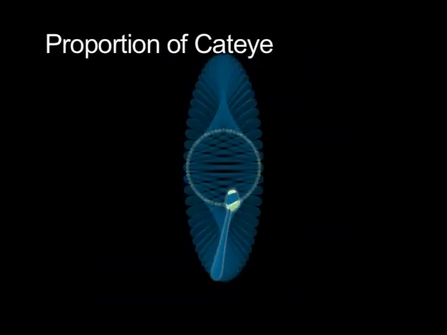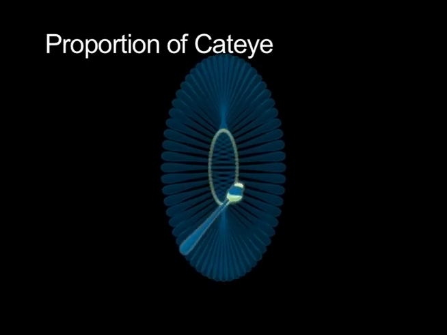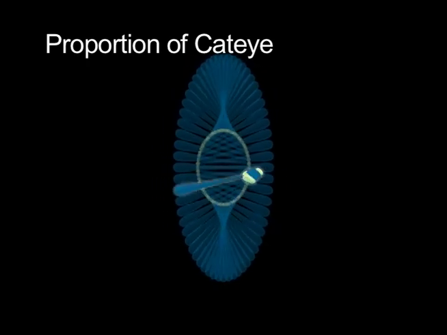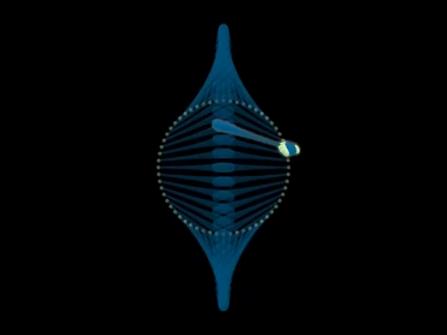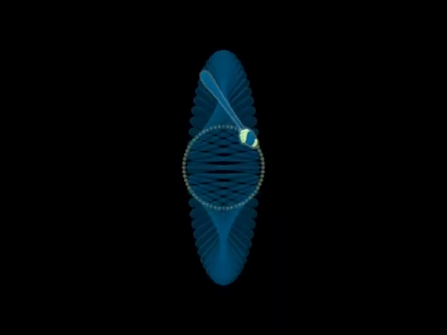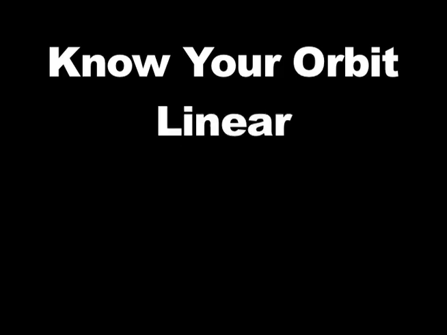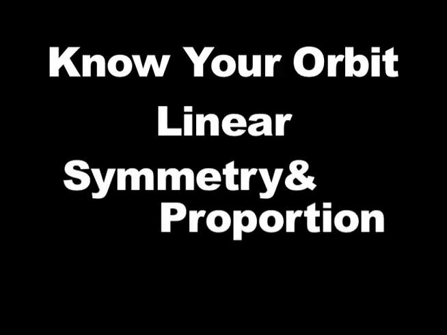Changing the proportion of the hand's movement in a cat-eye changes its effect dramatically. The chapters that are closely related to this one are Know Your Orbit, Linear, Symmetry and Proportion, and the cat-eye.